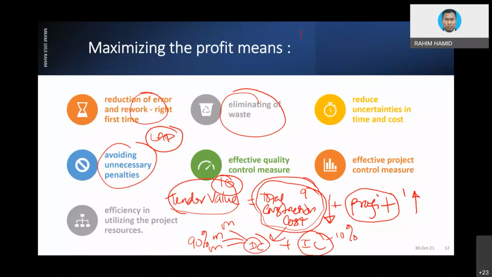All right, so maximizing profit, meaning to say, any organization when they embark into this kind of business, becoming contractor and whatnot, they want to make as much money as possible, but not by cutting corners, by cheating, by doing all kind of unethical or corrupt practice. By right, you should focus on managing your resources well.